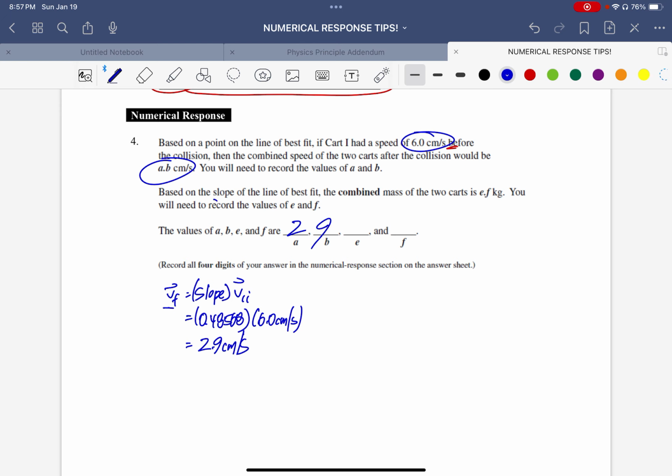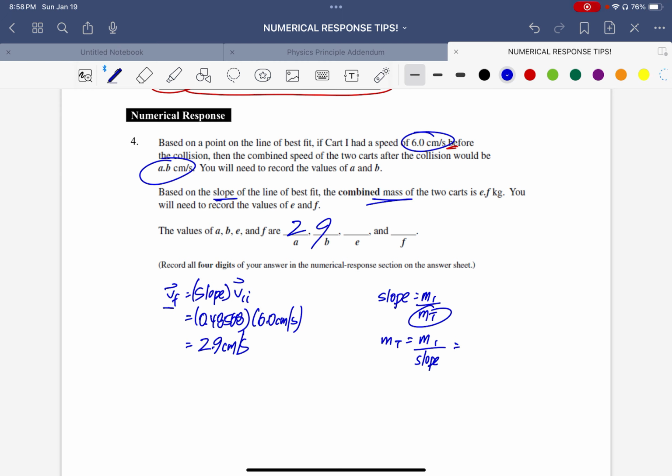And then finally, based on the slope of the line, the combined masses would be, well, remember we said that the slope of this graph was m1 over mass total. We're looking for the combined masses. So we're going to say m1 over the slope.